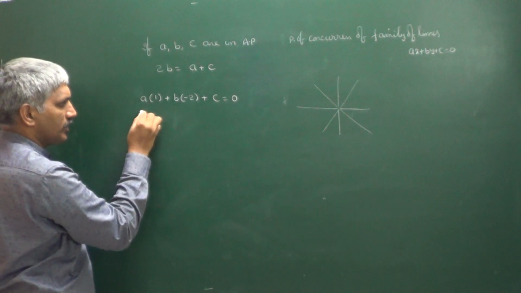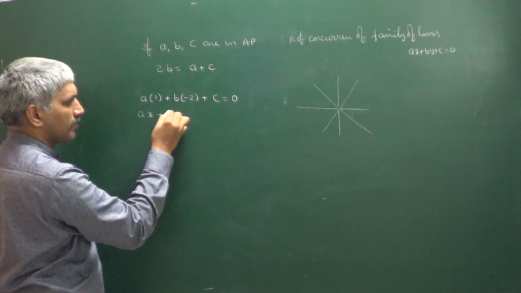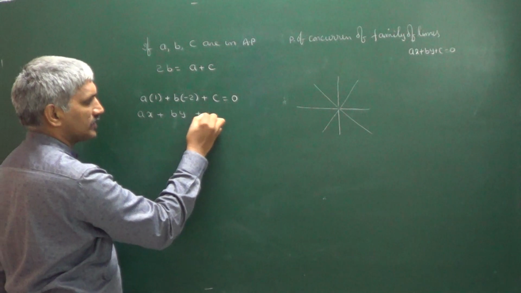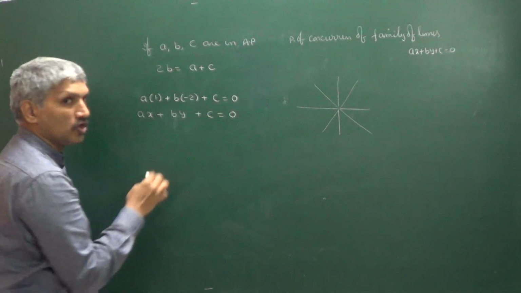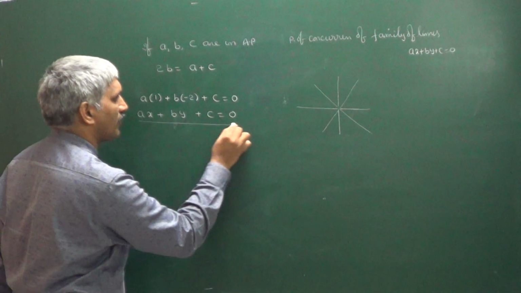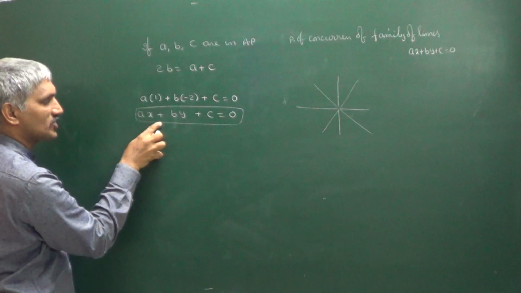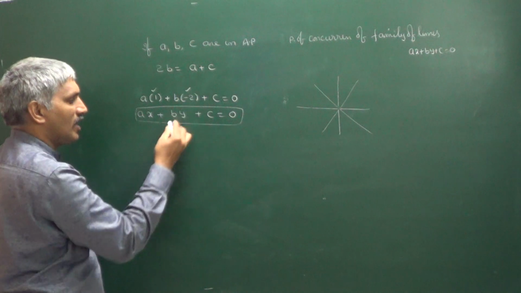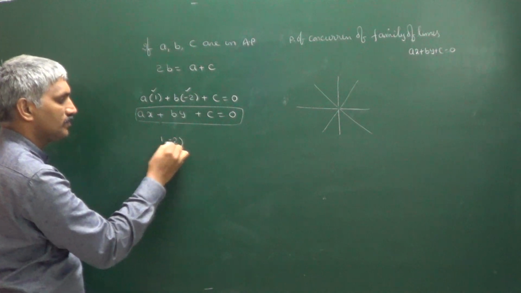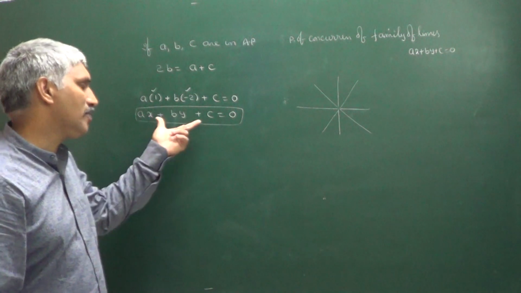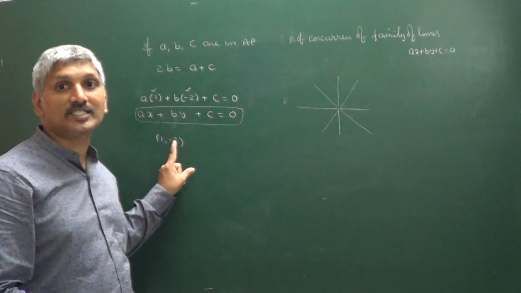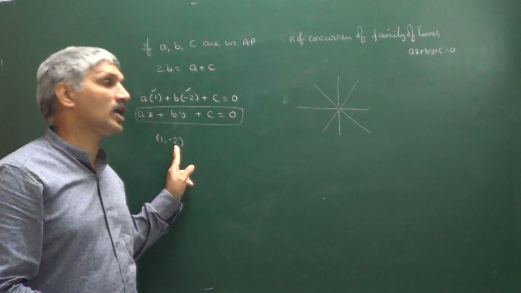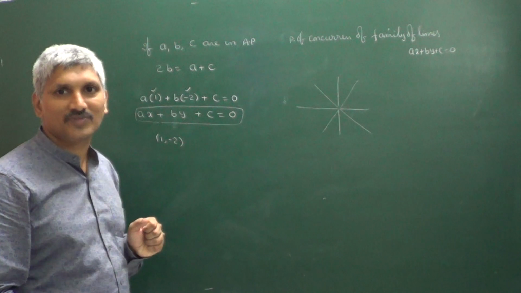Now observe here, AX plus BY plus C is equal to 0 passes through a fixed point. All these lines pass through a fixed point (1, minus 2). That's why the family of these lines intersect at the point (1, minus 2), right?